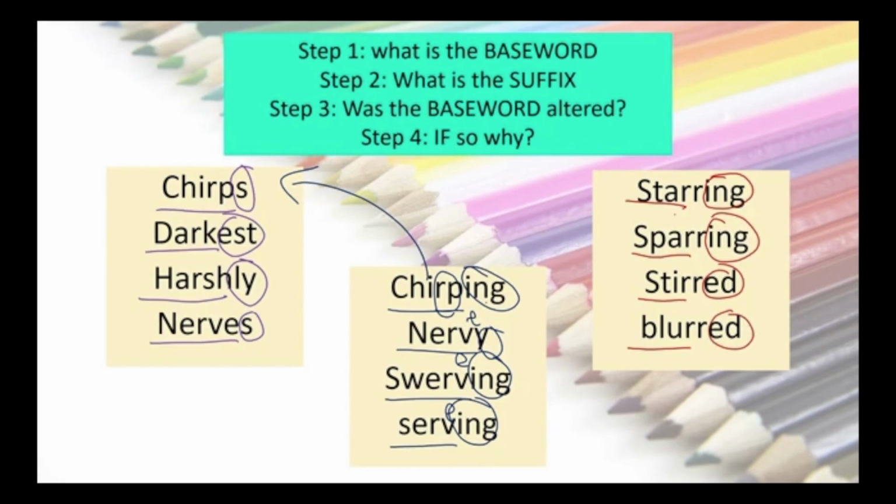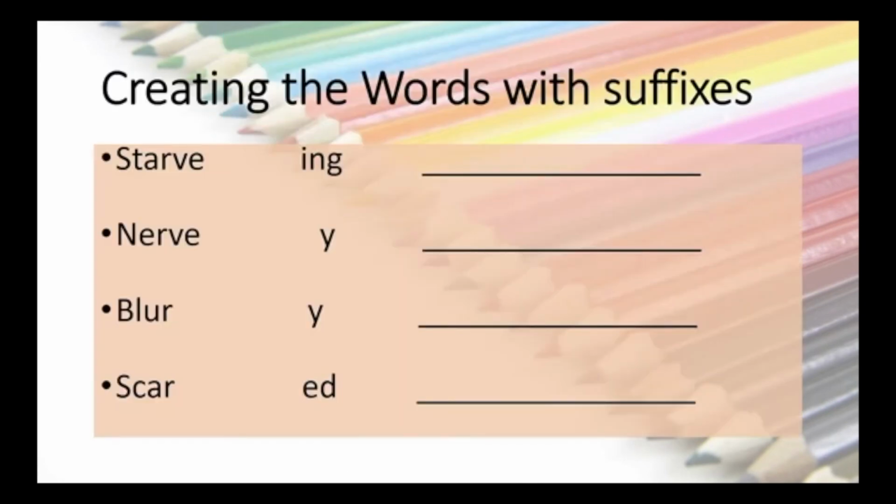So in this case, each one has had an R added as a bonus letter, an additional letter, in order to make the word stay what it is. And so instead of ending up with the word staring, by adding the extra R, I keep it star as starring. So let's talk about creating these kinds of words by using the suffixes that I've provided.